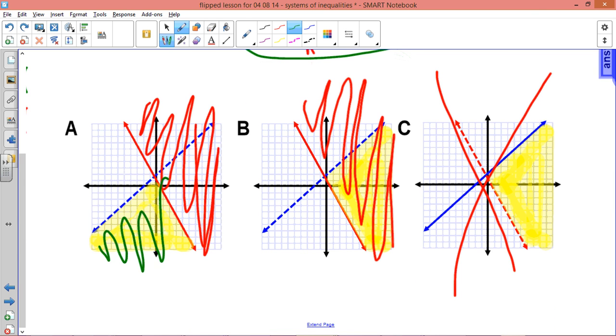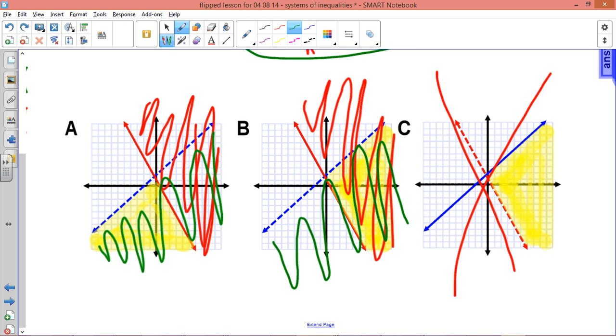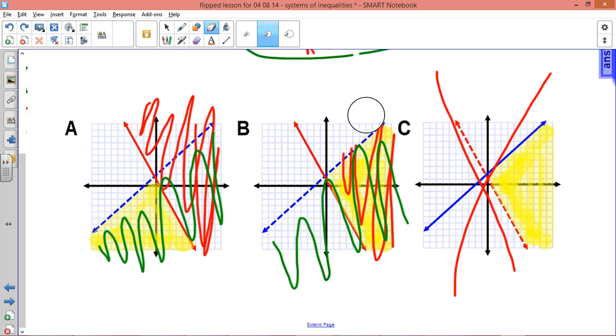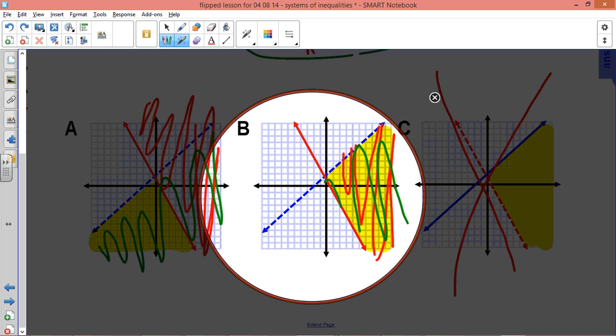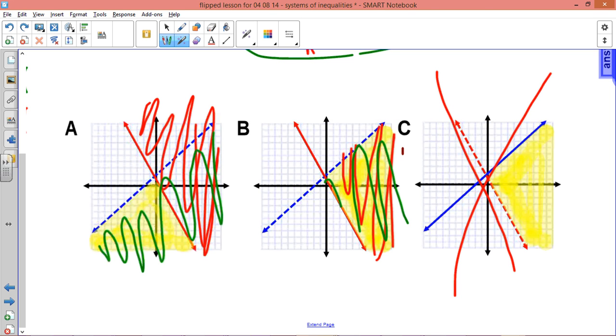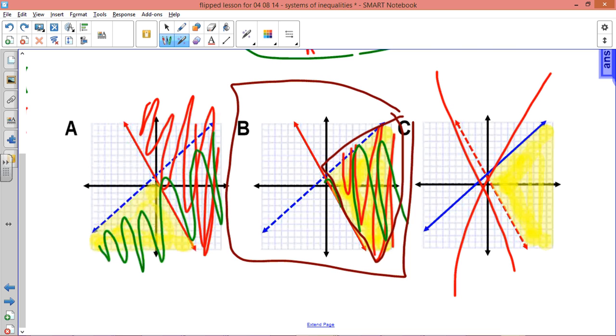So everything below that line right there, everything below that line right there. Then I'm going to erase the parts that do not overlap. So I erase that part. I erase that part. And what do you notice? For this graph right here for B, my overlap, which is this area right here, is the same as their overlap. So B was the correct choice here.